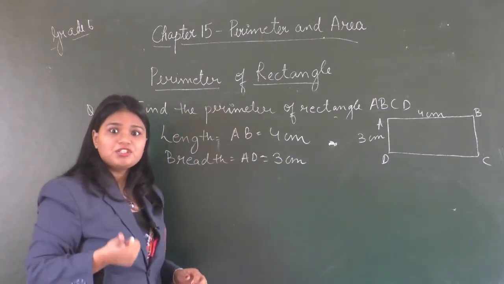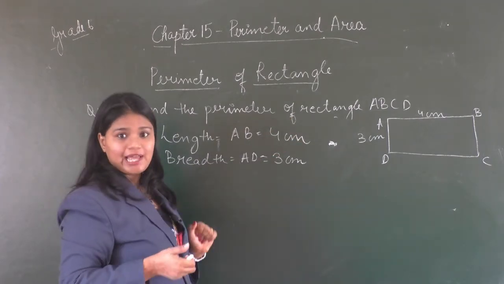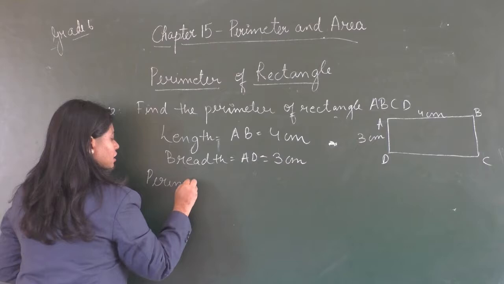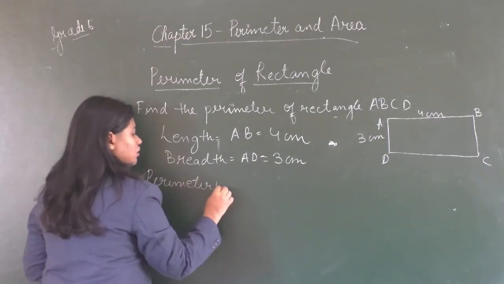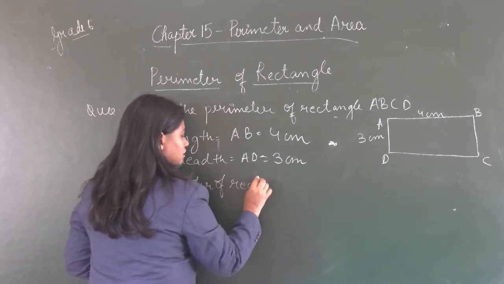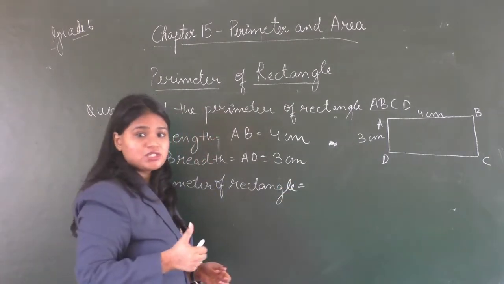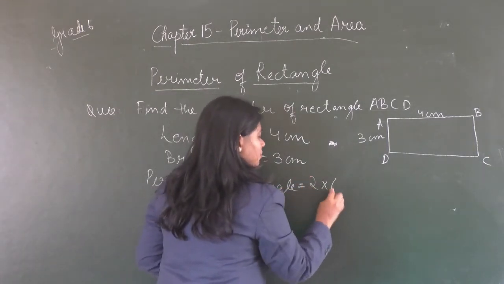We know the formula to calculate perimeter of a rectangle, so we will mention the formula, that is perimeter of rectangle is equal to 2 into length plus breadth.